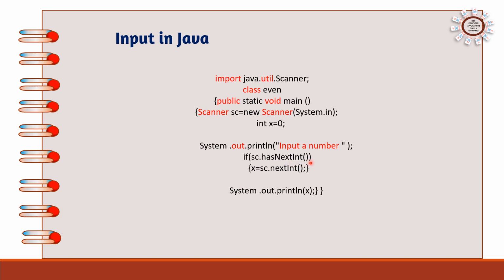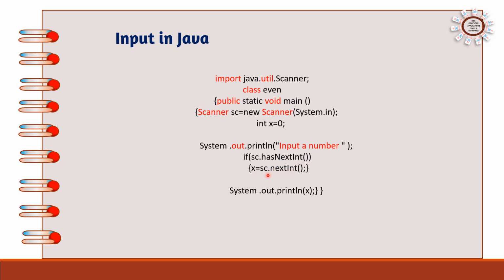So the hasNextInt command is there. If sc.hasNextInt(), that means if it is an integer, then only x = sc.nextInt(). Here we are having the braces for the if condition. If it is an integer, the number will be accepted.